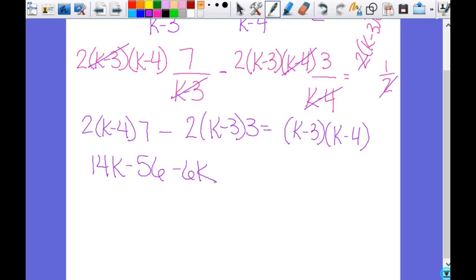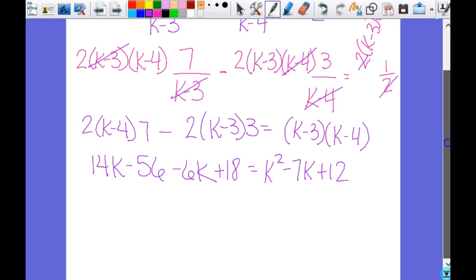And then what? Plus 18. Everybody understands why it's plus 18, right? Okay. Equals, and we get K squared minus 7K plus 12. Everybody with me? All right.